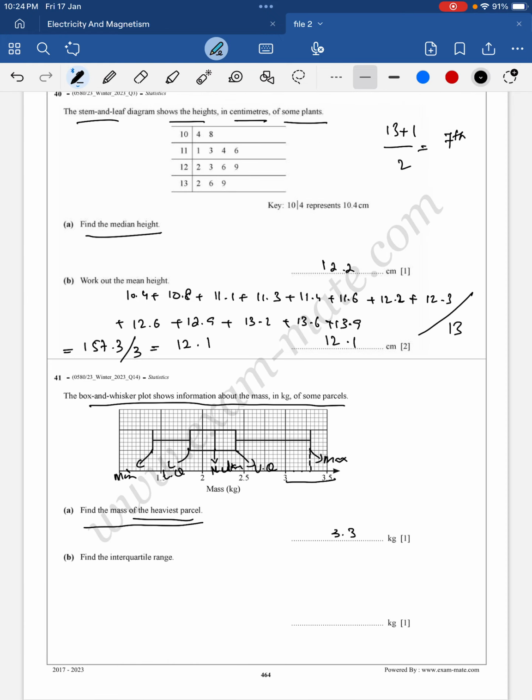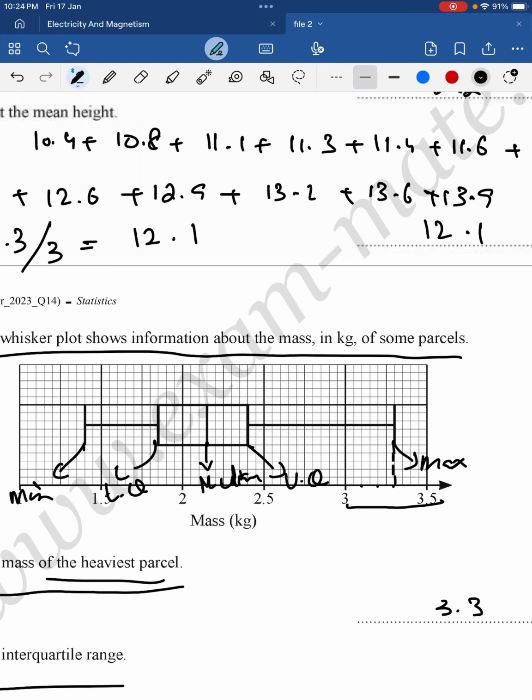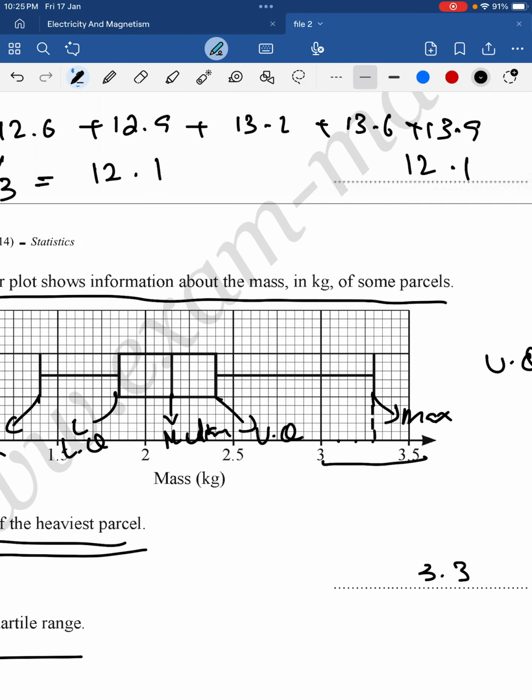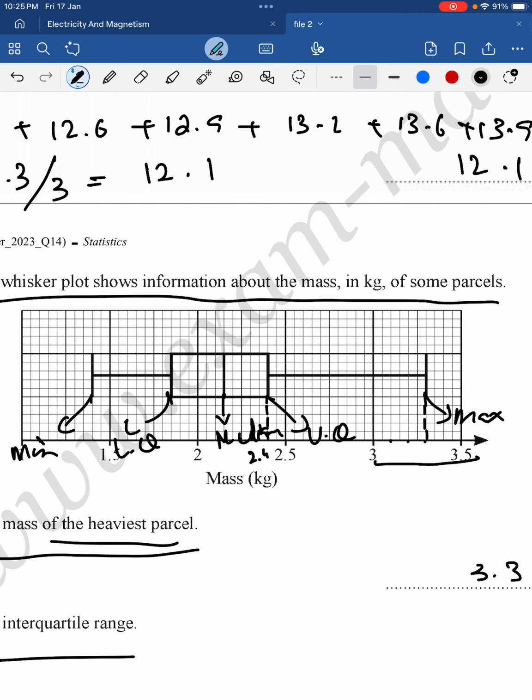Okay. Find the interquartile range. For interquartile range, we have upper quartile minus lower quartile. Let me erase this so that we can understand it.